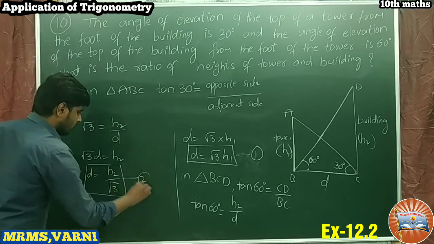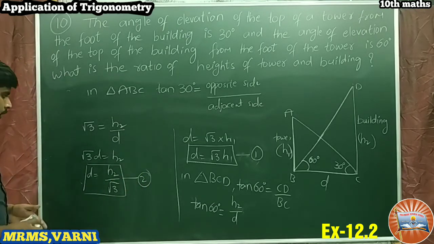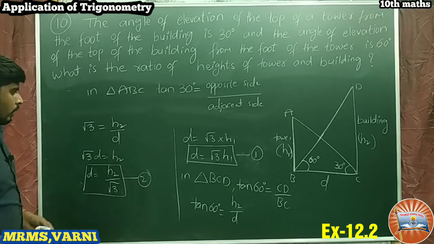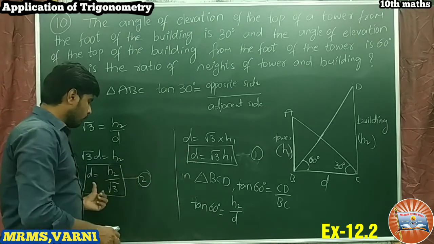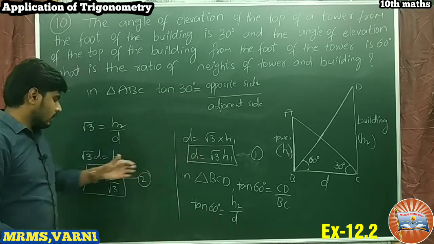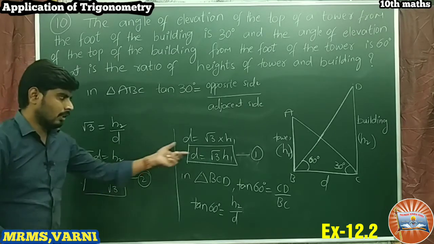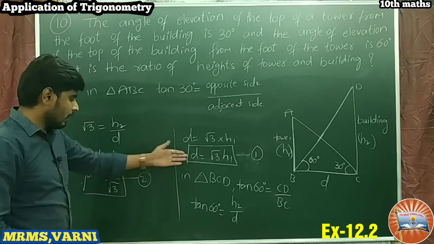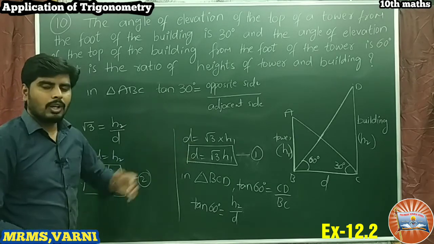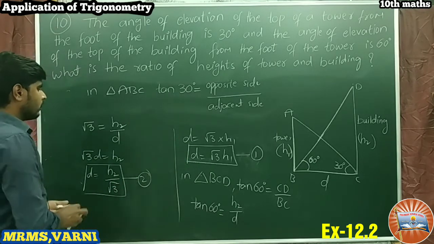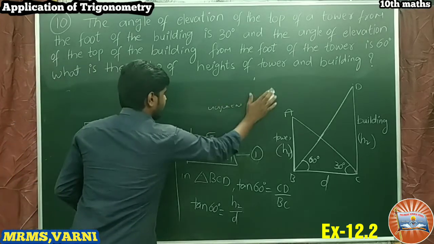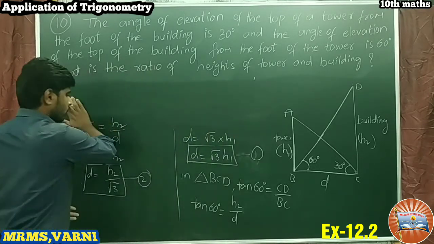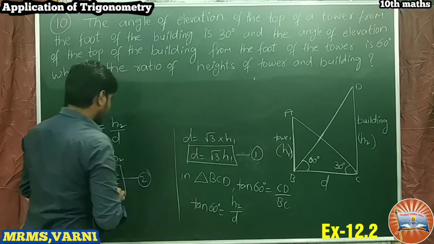This is equation 2. If you look at equations 1 and 2, we got the LHS the same, so we can equate the RHS also. If the LHS are equal, we can equate the RHS also. So I am writing equations 1 and 2 one more time.